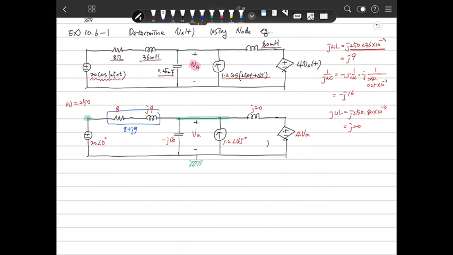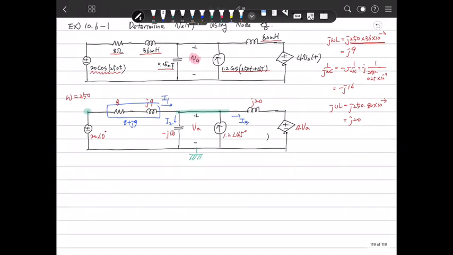So we define this current as I1, this current as I2, and this current as I3. So we can get I1, and I1 is the voltage difference from here to here. This is VA. So 20 minus VA is divided by the impedance 8 plus j9.